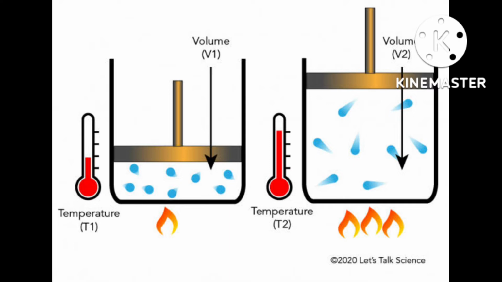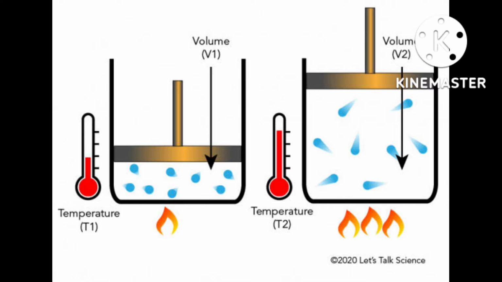Then you can write Vt is equal to V0 times Tt divided by T0, capital T, small t down, divided by T0. After that you can do the rearrangement.